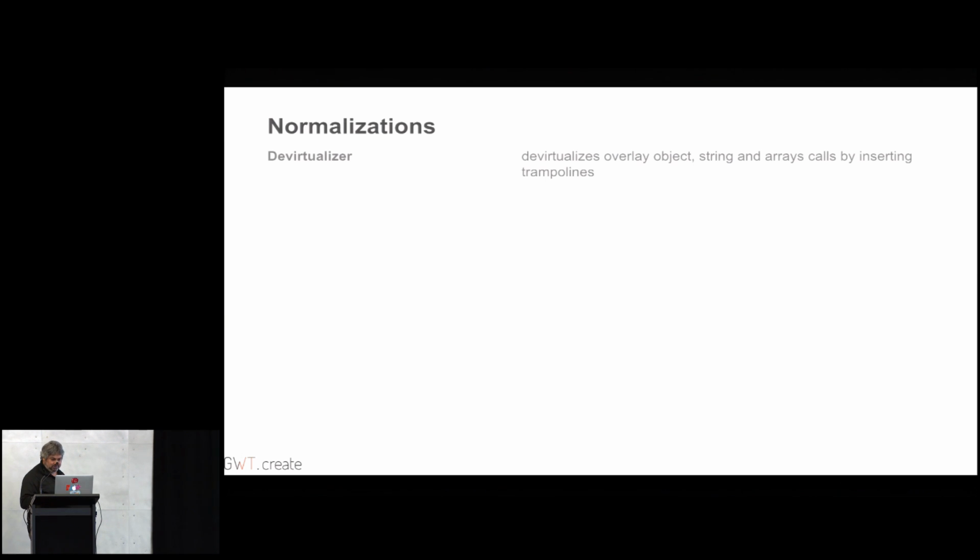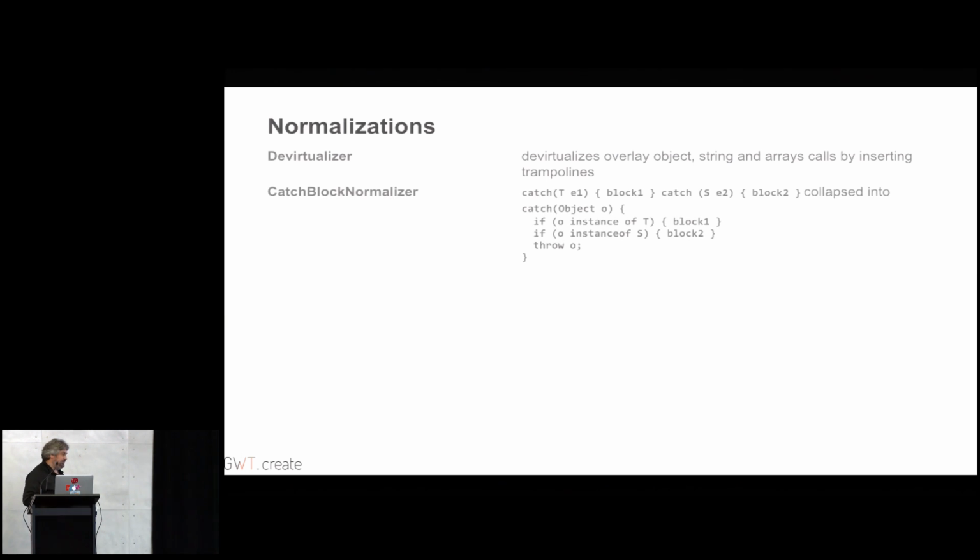So for JSOs, it's more complicated. It has to insert trampolines that check whether it's a Java object or not. Then we flatten the catch blocks because JavaScript has no types, so it has only catch O. So basically, we do the transformation in Java, because there is a Java equivalent to the catch block with only one catch at the top.